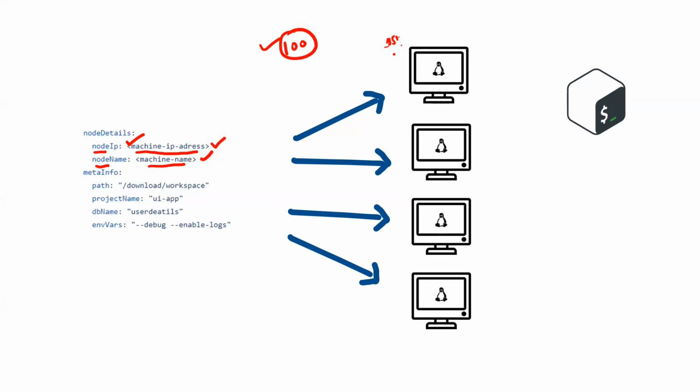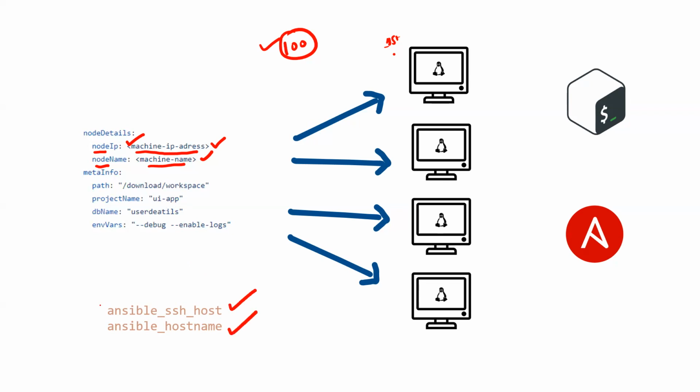That's where, in this situation, we can use configuration tools like Ansible, Chef, and Puppet. In my case, I'm going to go with Ansible. By using Ansible, this particular scenario can be easily achieved. We have inbuilt variables in Ansible, which are ansible_ssh_host and ansible_hostname.